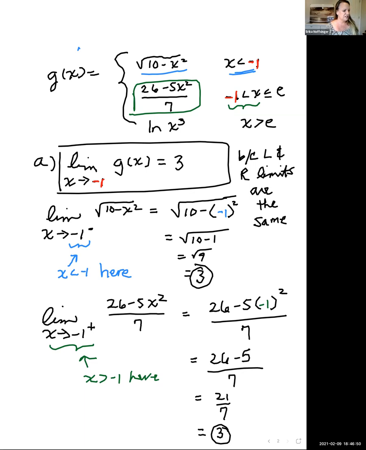What if the next question said, though, what is the limit as x approaches e? So x approaches e, that's another bound on that inequality. So I'm just going to go to the next page and rewrite that down. Just rewriting g of x really quick. We had the square root of 10 minus x squared, if x was less than -1.